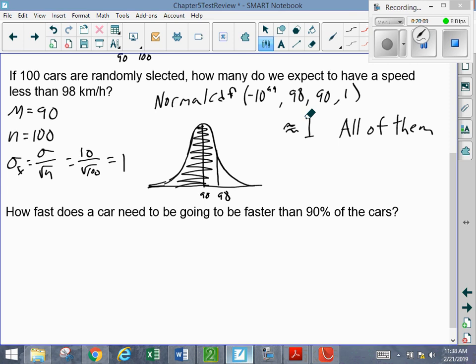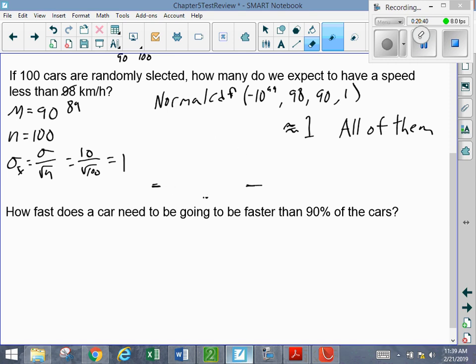But let's actually look at something a little more useful. Let's look at the probability that it is less than 89 miles per hour, okay? So if we're being asked for the probability that it was less than 89, then we're going to be looking at this.